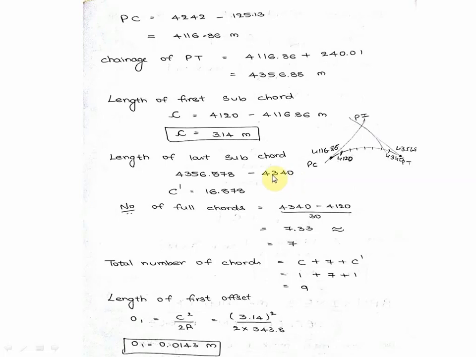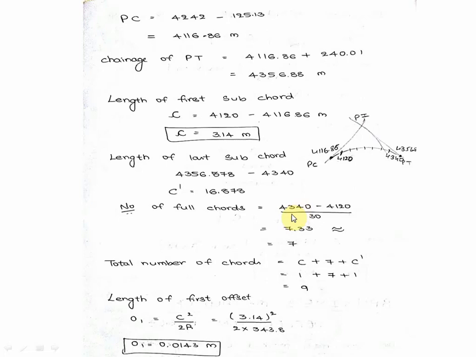If you take here 4350, which is nearer to 4356, so what happened then? Your length of last subchord will be 6.87, right?